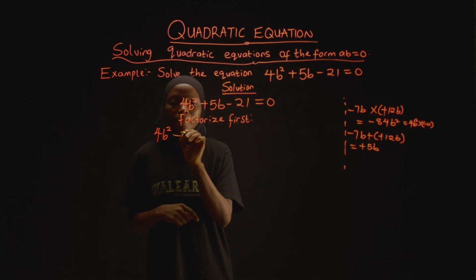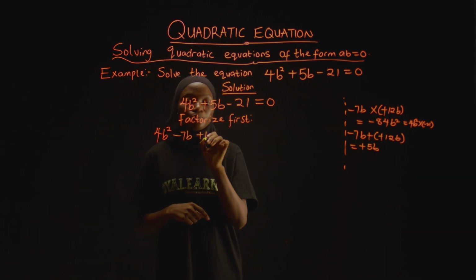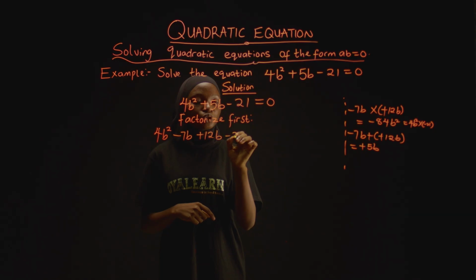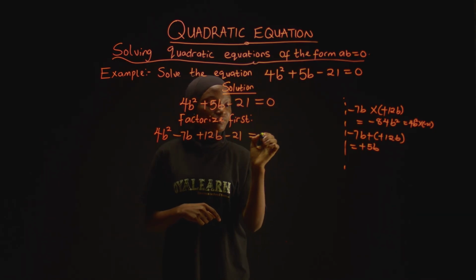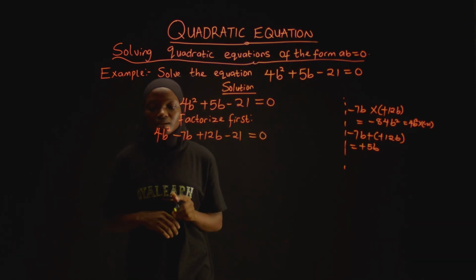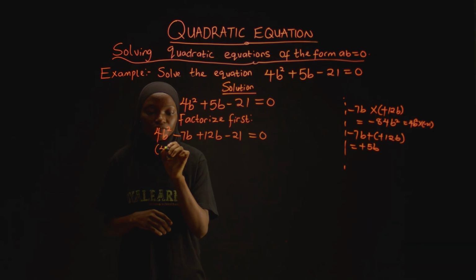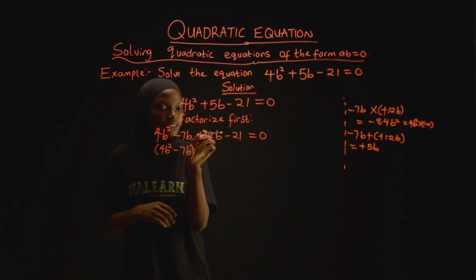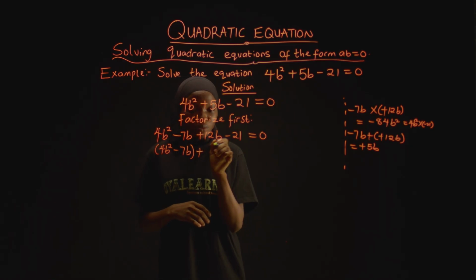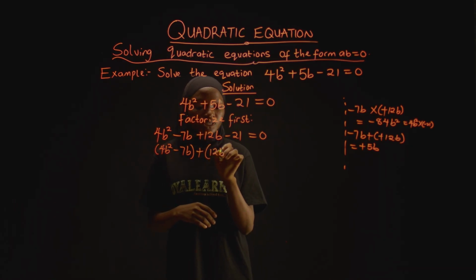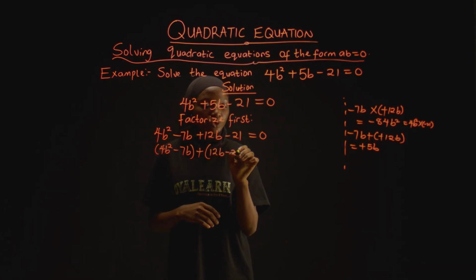So we have 4b squared minus 7b plus 12b minus 21, and at this side we still have equal to 0. Here, we group in twos. We have 4b squared minus 7b, pick this sign plus, here we'll have 12b, and here we'll still have our minus 21.